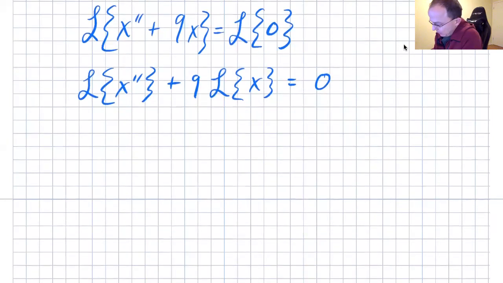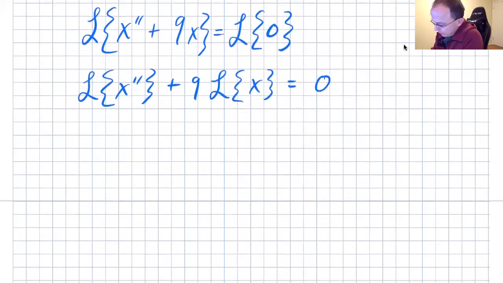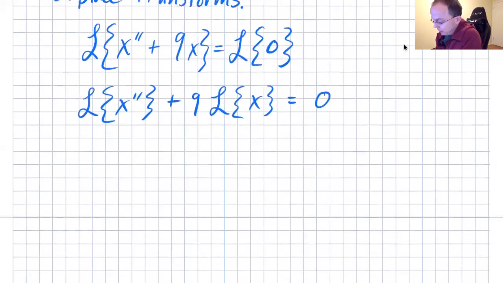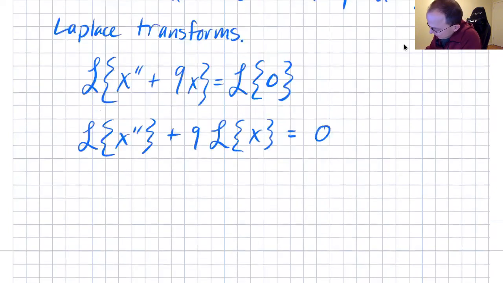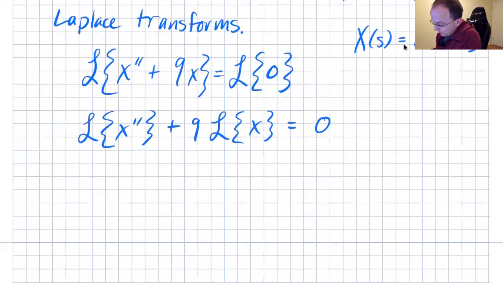All right. So what is the Laplace transform of the derivative, x double prime? I'm going to use capital X of s, and that will be the Laplace transform of little x of t. That's the convention, uppercase letters for the Laplace transforms.